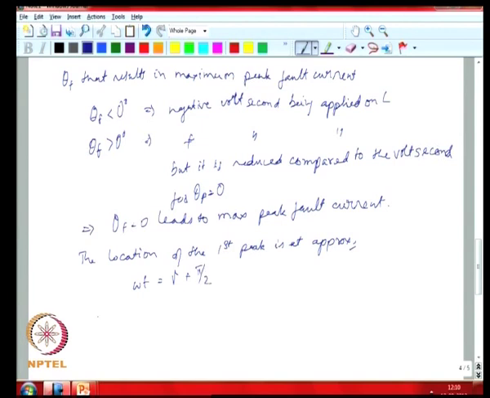So, then you have an expression for IP1 is equal to A by magnitude of Z sine of pi by 2 plus theta.